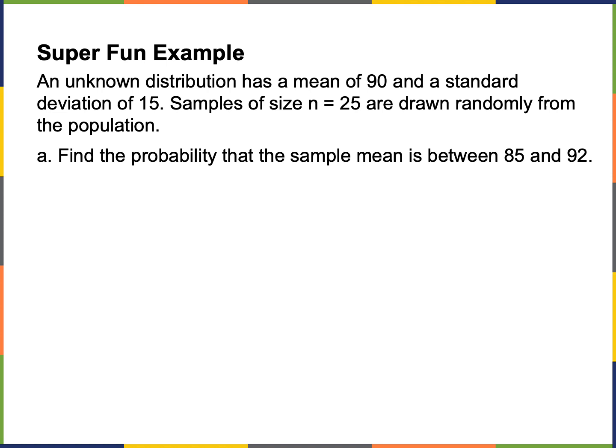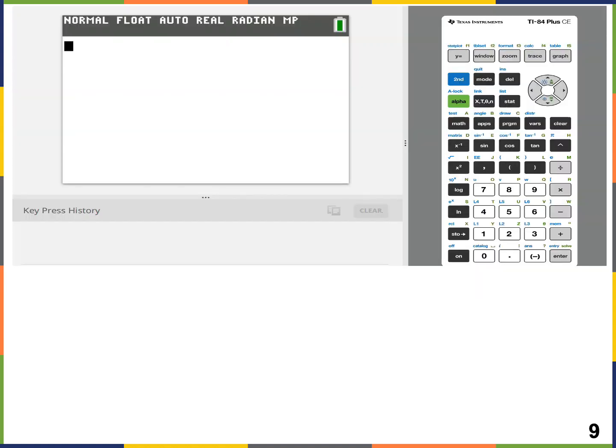So before, if we were just finding the regular probability of some sample, or the probability that x is between 85 and 92, but in this case, the variable is different.